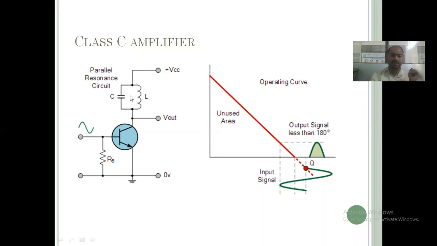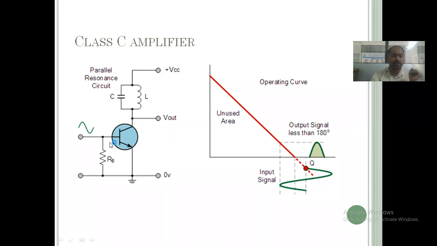Right, this will happen. For this, see, we are applying the full 360 degree signal to this type of transistor, right? Full 360 degree cycles applied across here. So we have to use this type of configuration, which is the class C type of amplifier, right?